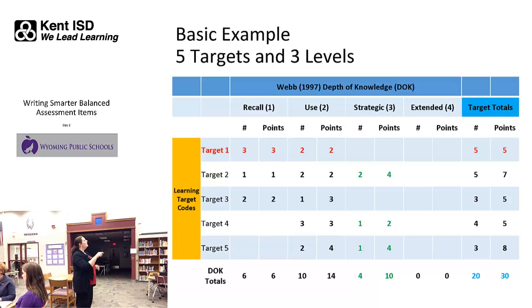For the sample, target 1 says I have 3 recall questions for a total of 3 points. Target 1 has 2 level 2 questions for a total of 2 points. So for target 1, I'm asking 5 questions worth 5 points.